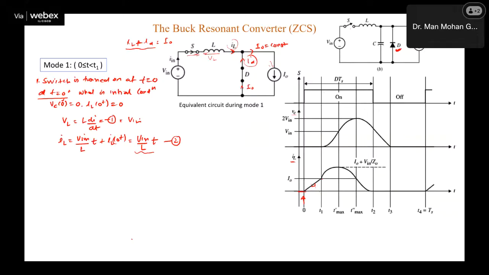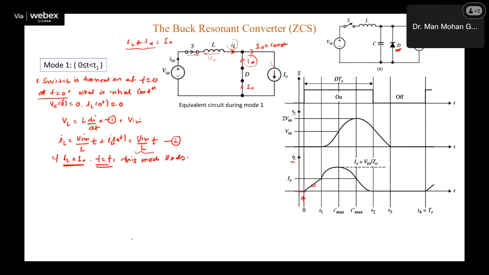It means this mode ends when this diode current becomes 0, and when the inductor current becomes I node. If IL becomes I node, at that time T equal to T1, this mode ends, right?